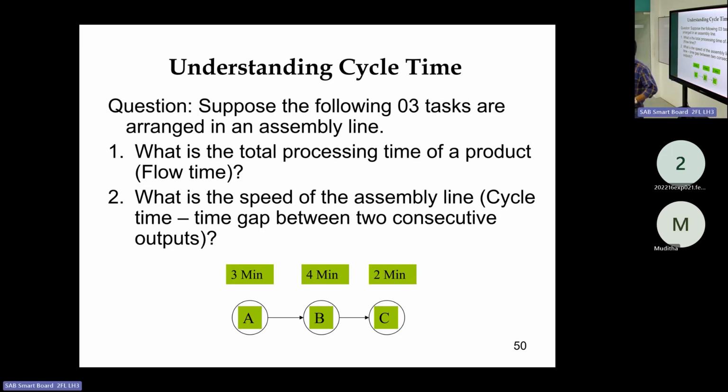What would be the speed of the process? One might think it's 3 minutes, because every 3 minutes A can complete the product and pass it on. Or some might say divide the total time by the 3 workstations, so the average is 3 minutes, and we can expect products every 3 minutes.